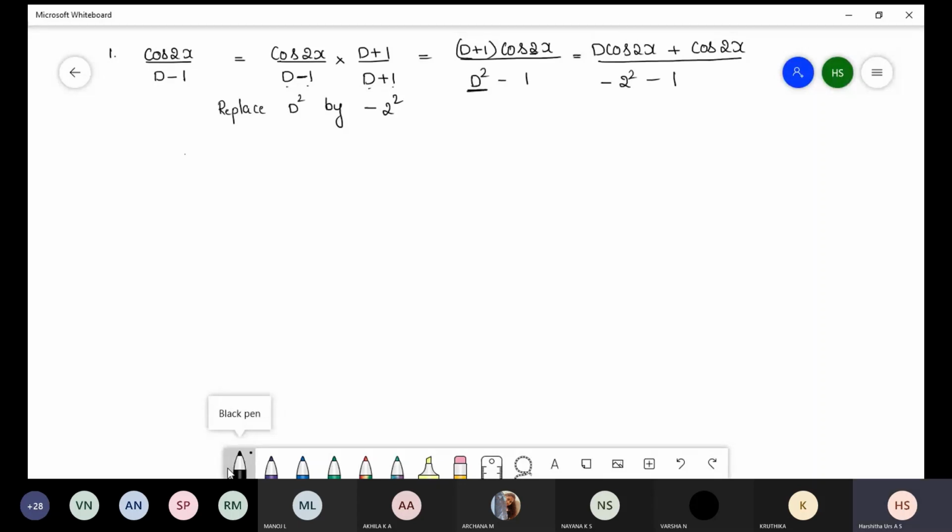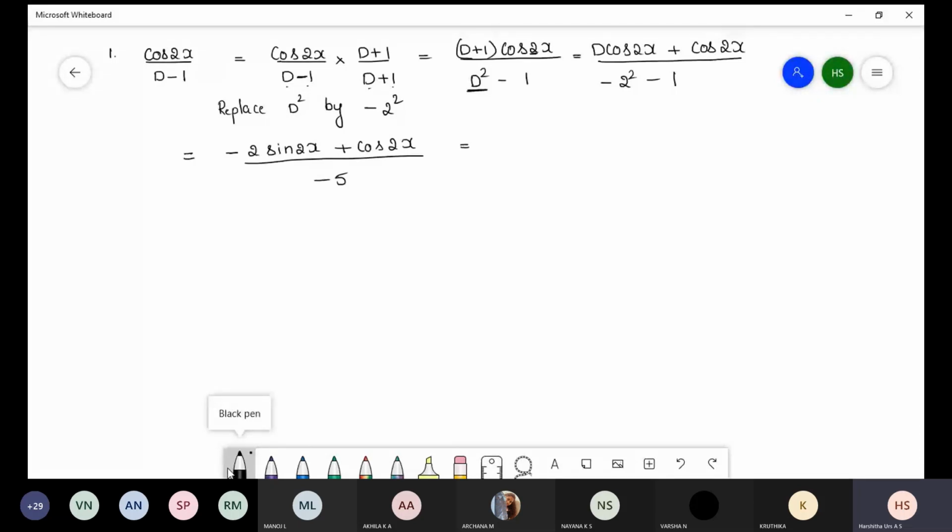Now in the next line, differentiation of cos 2x is minus 2 sine 2x, because the differentiation of cos is minus sine. So minus 2 sine 2x plus cos 2x divided by minus 5, because minus 4 minus 1.